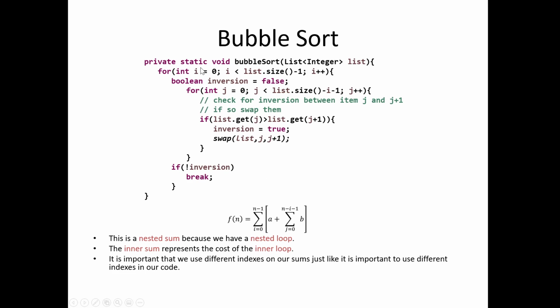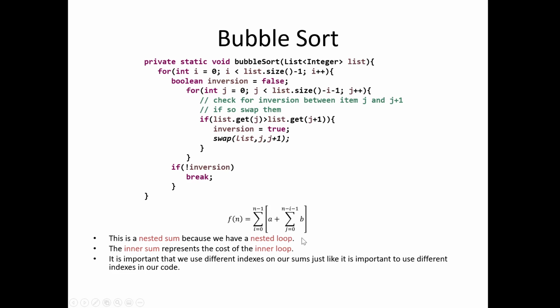So I've done this very deliberately. In my for loop I have i equals 0 to n minus 1, or list.size minus 1. I'm going to rewrite that in my summation almost exactly the same. i equals 0, and then my upper bound is, well, I don't have a list.size down here. That's where that n is coming from. n is going to be my list.size, so n minus 1. That's my outer loop.